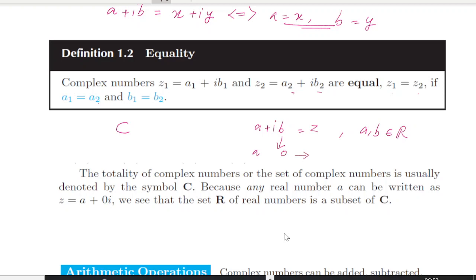That means this belongs to the set of real numbers. So any real number can be written in the form of a complex number where the imaginary part is 0. So we can consider the real numbers as a subset of the complex numbers.